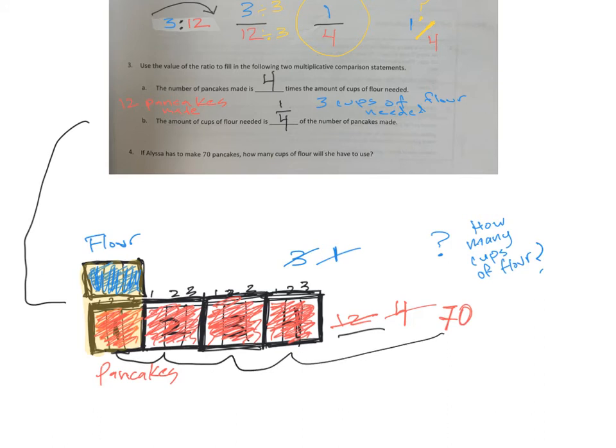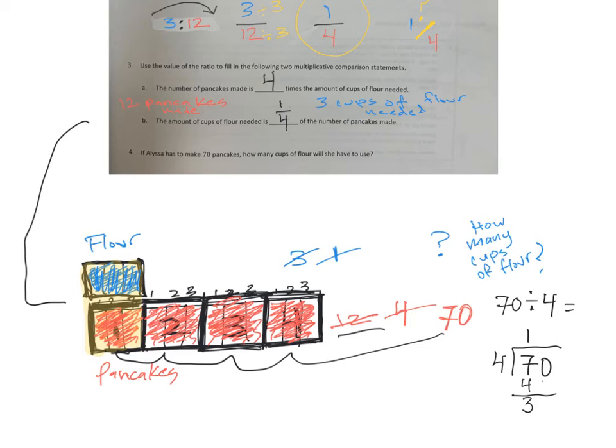And so to do that, we're going to have to divide 70 by 4, which is equal to, how many times does 4 go into 70? Well, 4 can't go into 7 more than once because it'll go over, so we can put 1 and we can put down 4. 7 take away 4 is going to be 3.